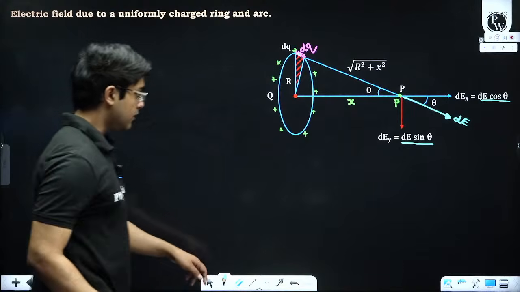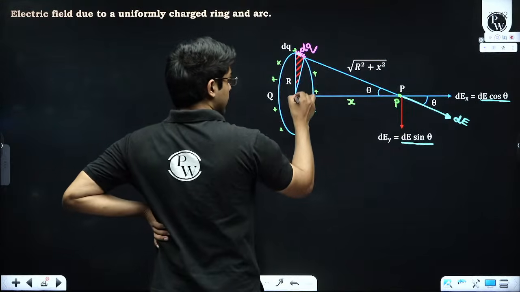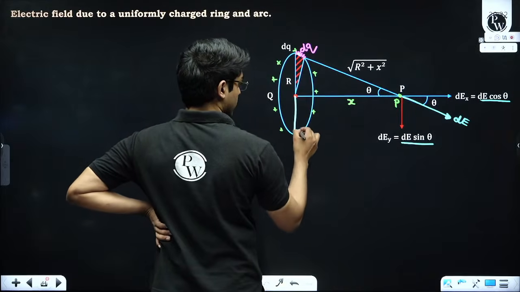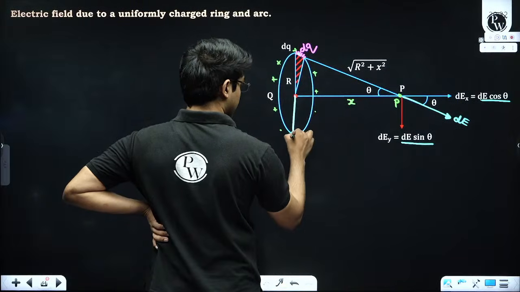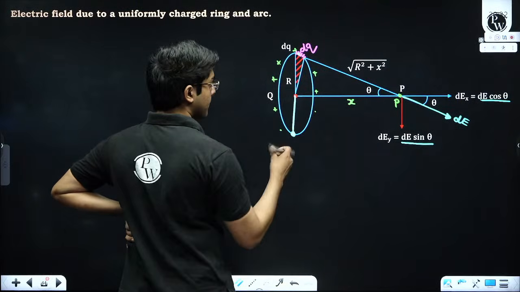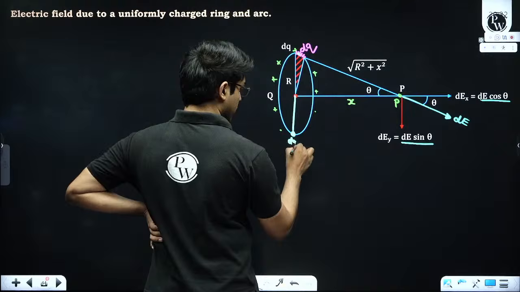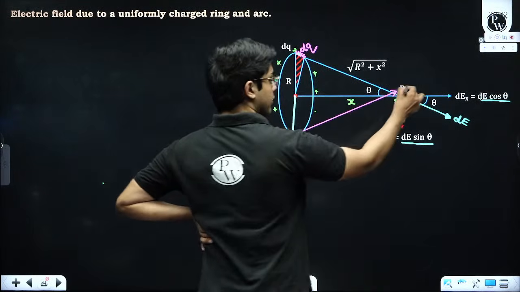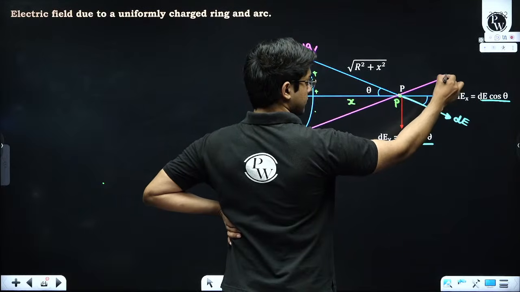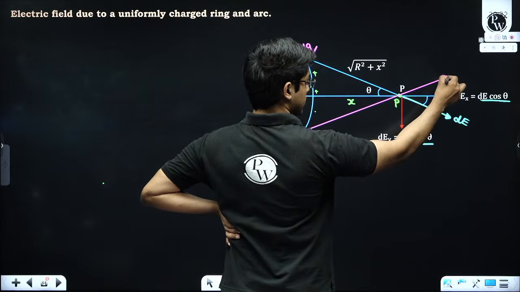Now if I choose another dq exactly below over here, just like the dq on the top, here the electric field will be in this direction.